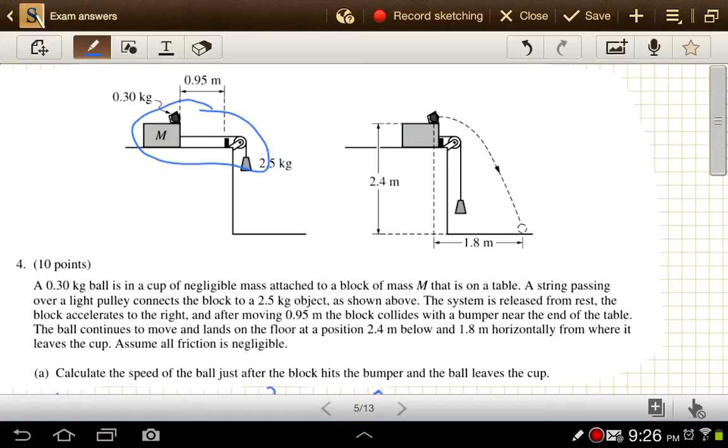So the only external force is this force here, the mass, the 2.5 kilograms times the 9.8 meters per second squared. And there's no frictional force resisting this motion.